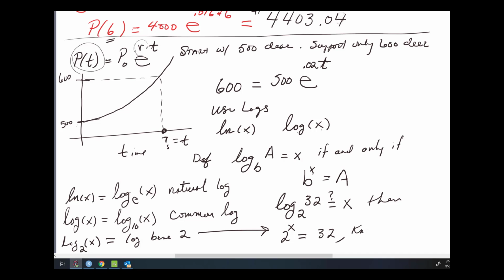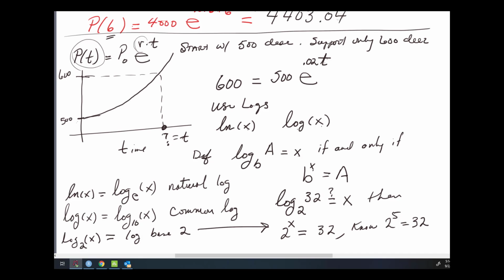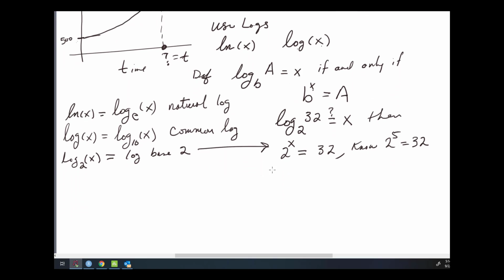And we know 2 to the 5th is equal to 32. Multiply it out on your fingers if you want to. 2 to the 5th is 32, so log base 2 of 32 is equal to 5.